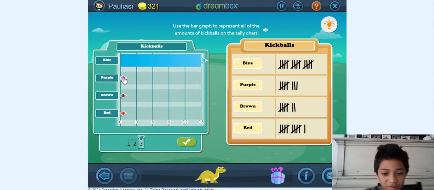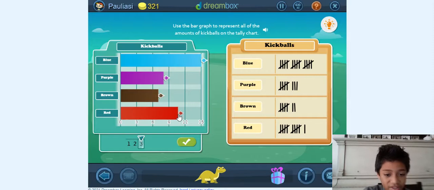And then how many purples? There were 8 purples. And then brown, how many brown? There is 7. And now we're supposed to do red. How many red? There is 11. So now let's put a check mark. Now we're done.